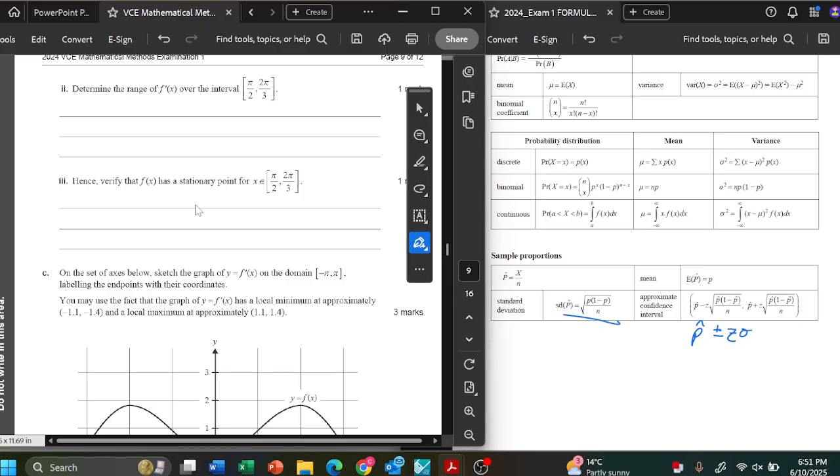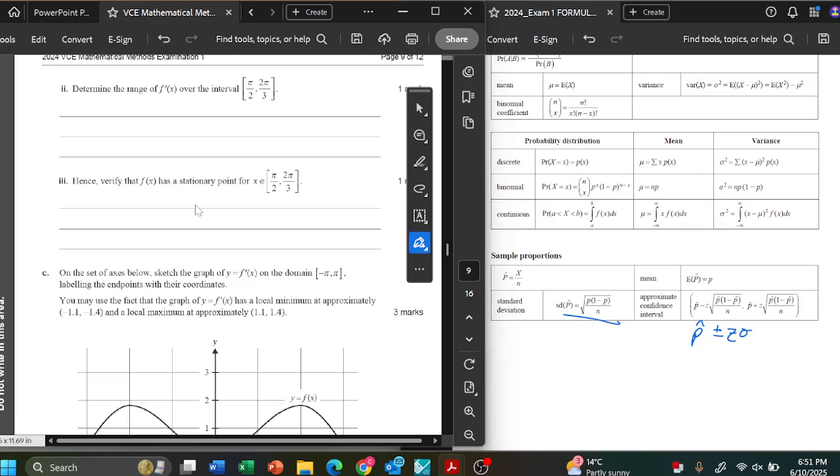Well, it just means that in order to figure out the range of this function, we should just need to consider the 2 endpoints. That's going to give us the maximum value and the minimum value of this particular function.